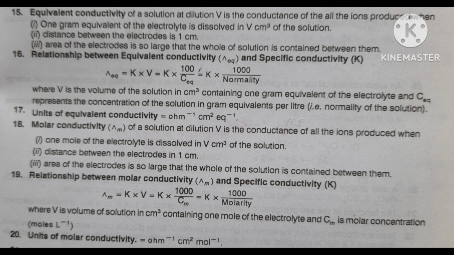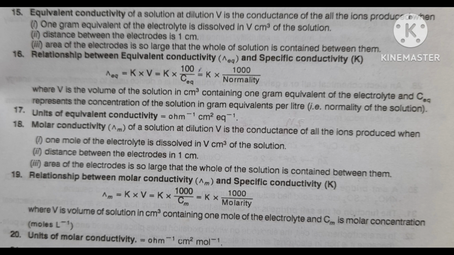Then delta m is equal to K into 1000 divided by molarity, where V is the volume of the solution in cc containing 1 mole of the electrolyte, and Cm is called molar concentration, means mole per liter.